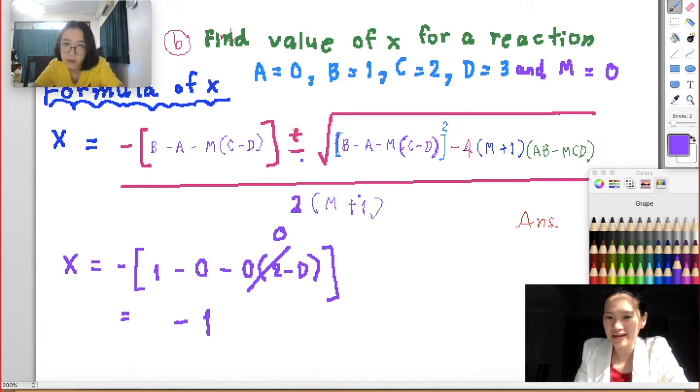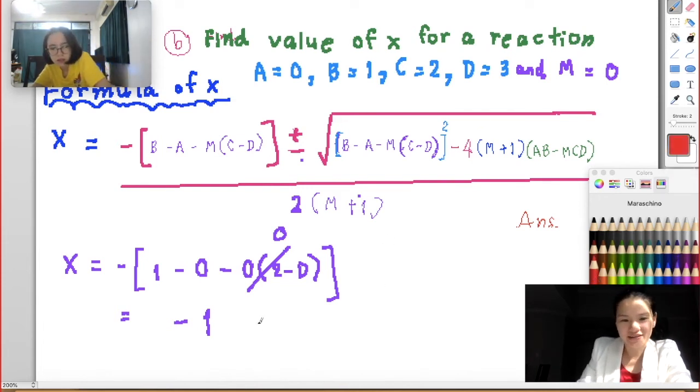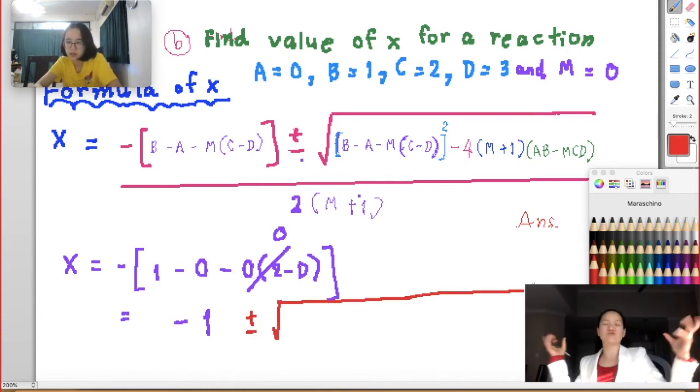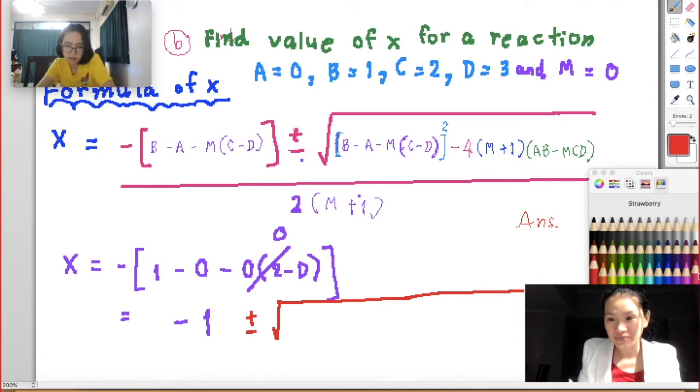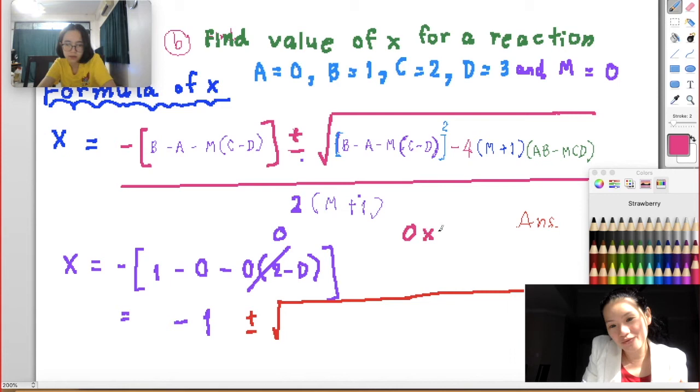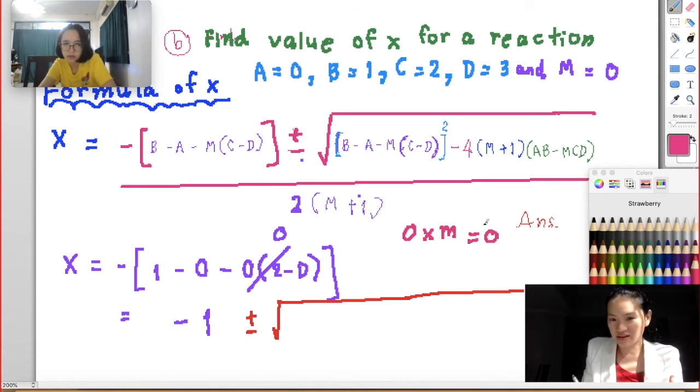Look at this one in these long brackets here. Plus or minus the square root. The trick so you can calculate very quickly is to know the concept that 0 multiplied with any number equals 0.